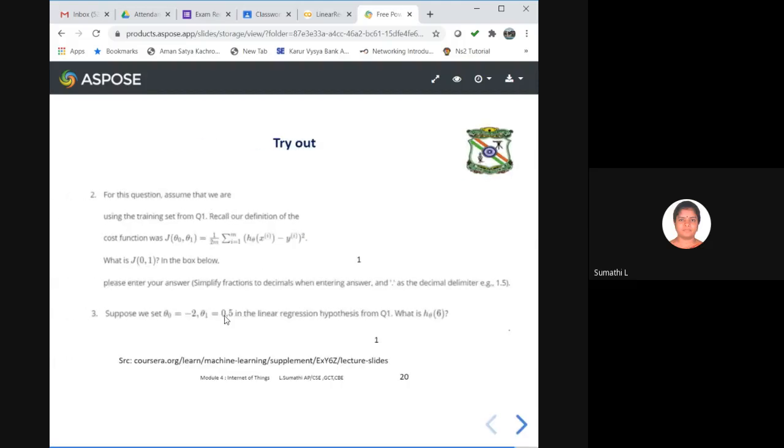See, the question is they have given you a cost function. So what is a cost function? Now I will elaborate. I will tell you a simple story, then I will come to this cost function.